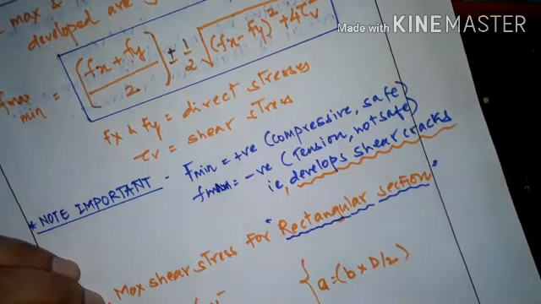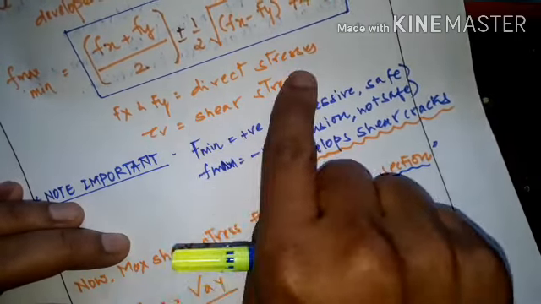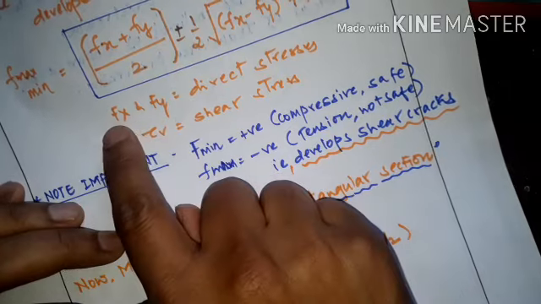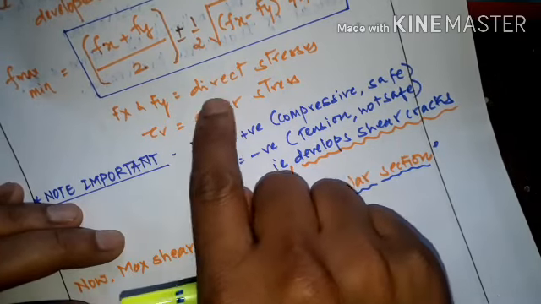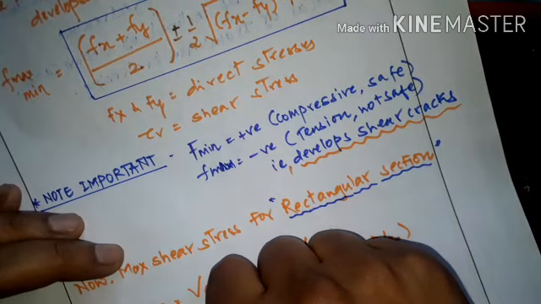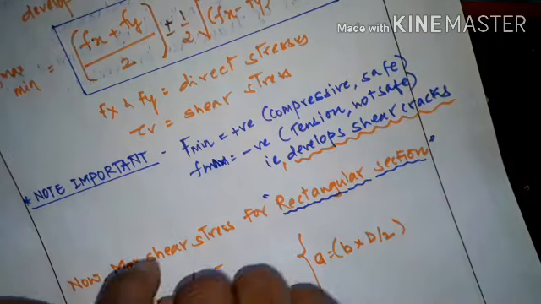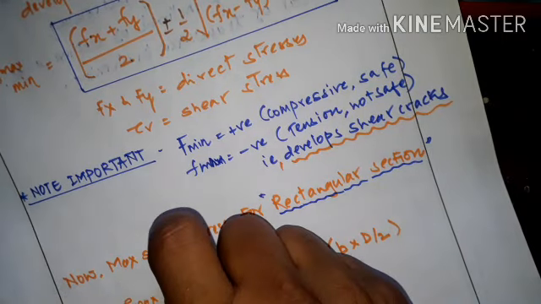And we are going to consider finding the maximum and minimum stresses by including the direct stresses due to the pre-stressing force also. So this is regarding the shear stress calculation, or the principal stress calculation, in a pre-stressed concrete beam.